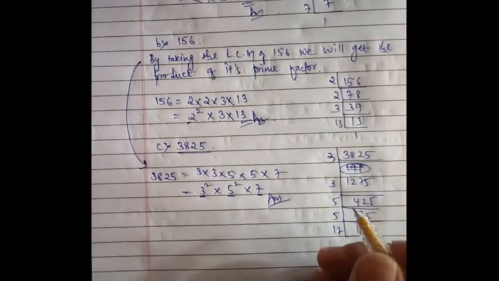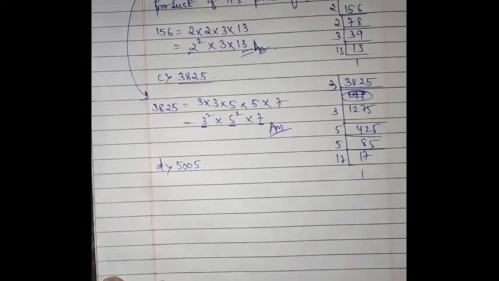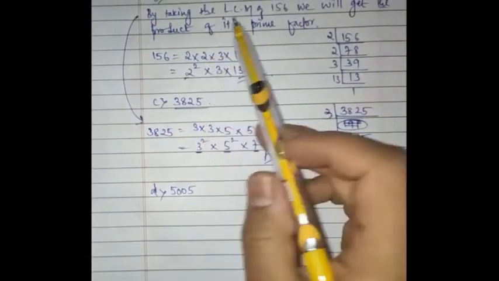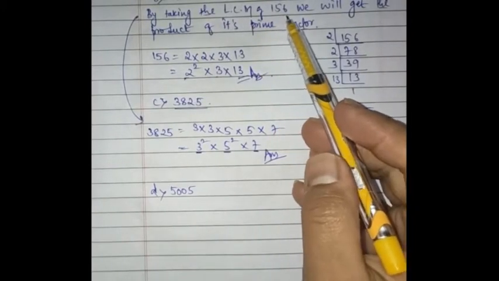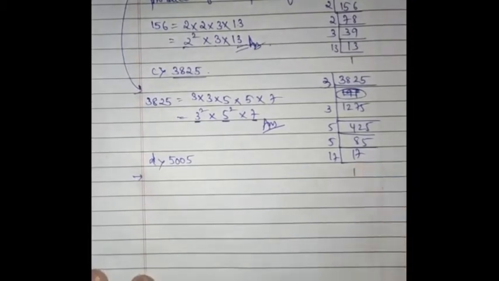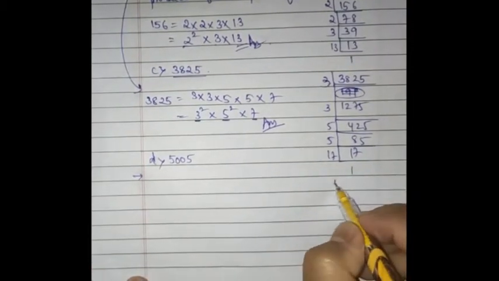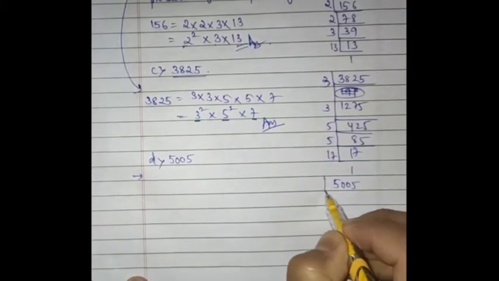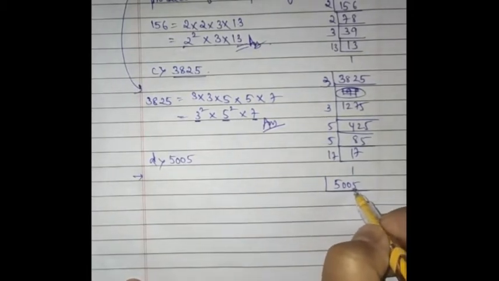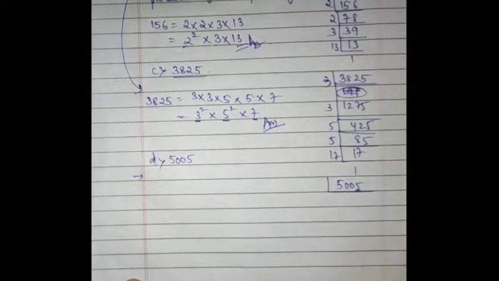Alright. So this is our next question. Similarly, we will write this one by taking the LCM of 5005. We will get the prime factors over here. Alright, so that is your work to do. So we will get that prime factor first. Which number are we going to use? By looking at the unit digit, we shall try 3, but no, 3 is not possible.